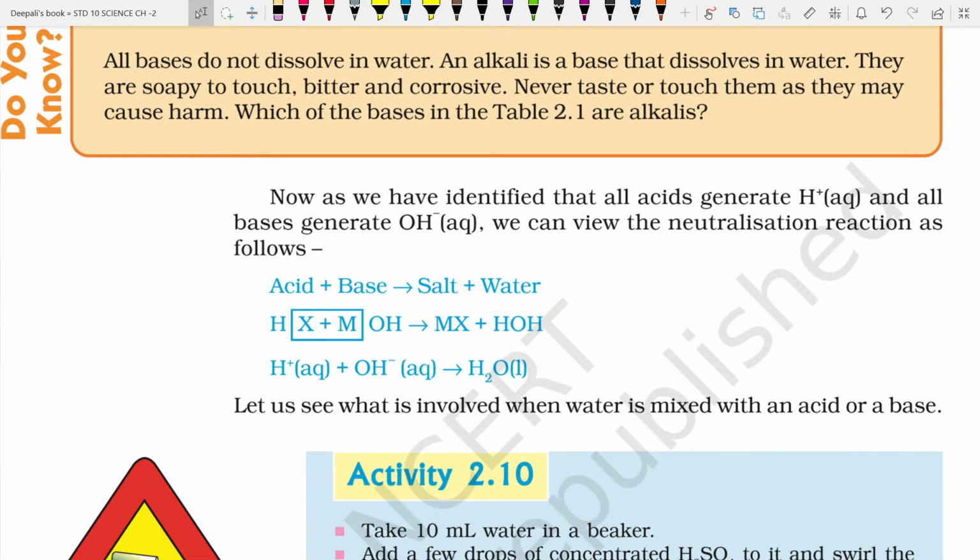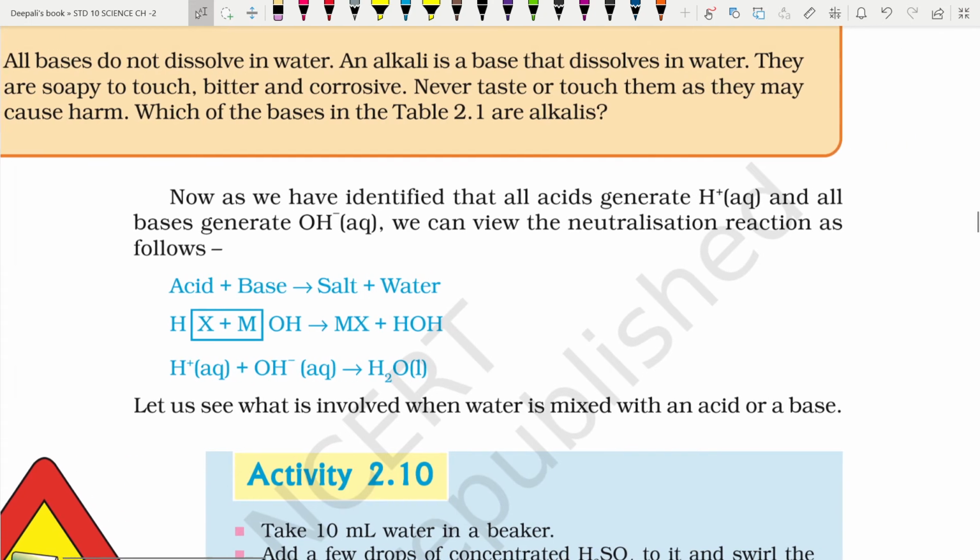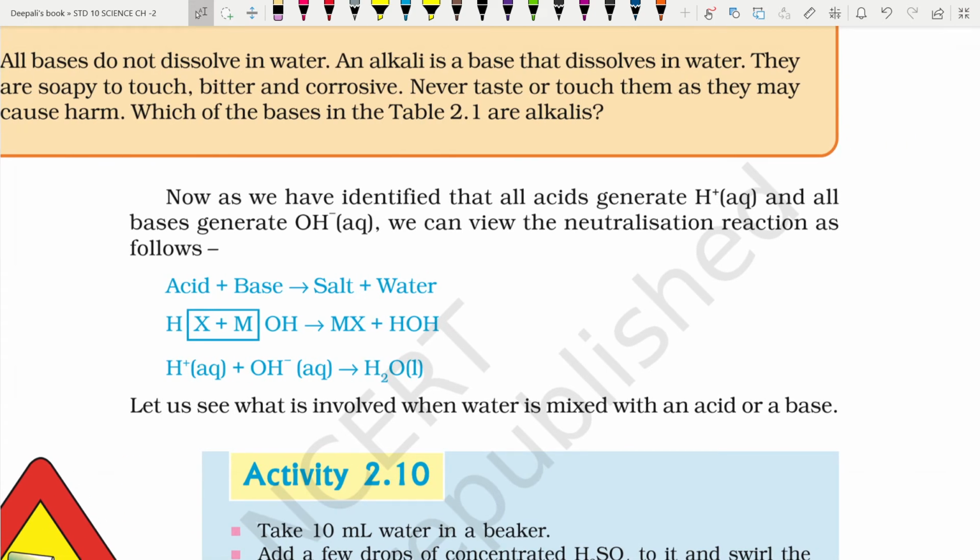Now, as we have identified that all acids generate H+ aqueous ion and all bases generate OH minus aqueous ion, we can view the neutralization reaction as follows. So acid plus base gives salt plus water.